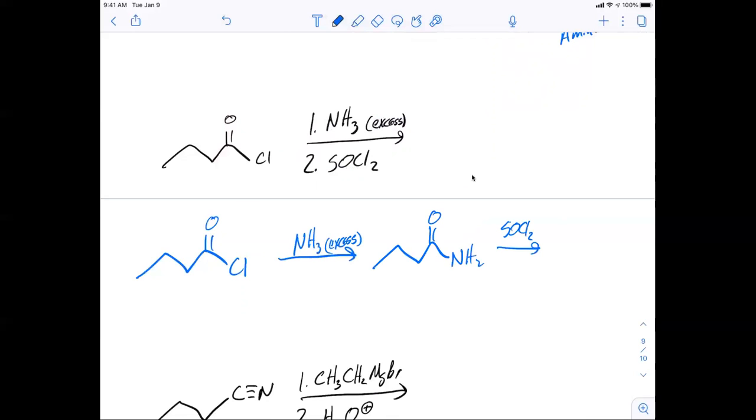As long as that amide is a primary, will give me the nitrile. And sometimes it's good to go ahead and count. So here we had 1, 2, 3, 4. So here 1, 2, 3, 4. Questions about this one?